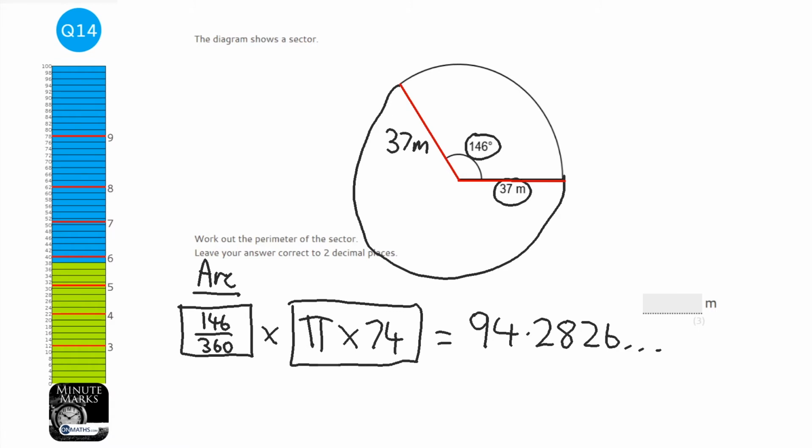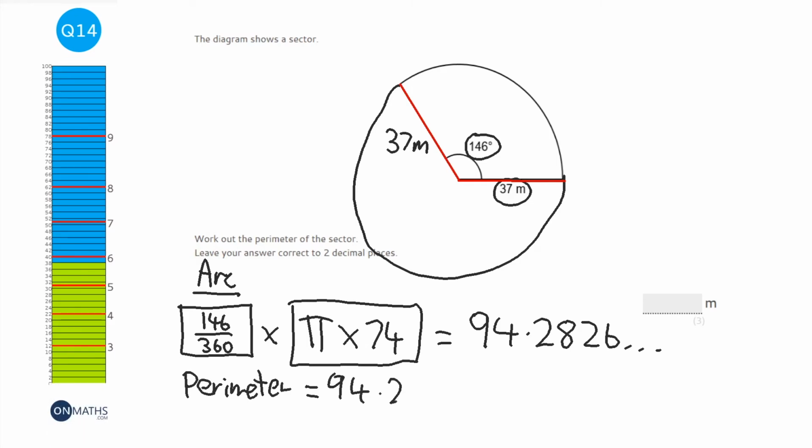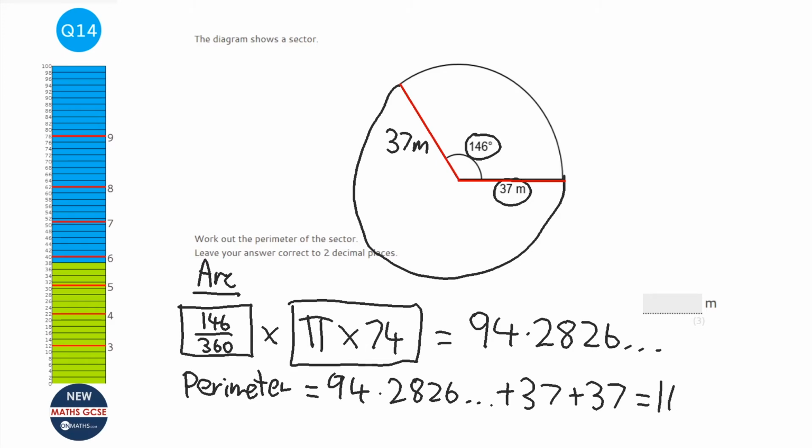So to work out the perimeter, I'm just going to get that 94.2826 blah blah blah, and I'm going to keep it in my calculator. I'm going to add 37 and add another lot of 37. So add 37, add 37, and that gives me 168.2826 blah blah blah.